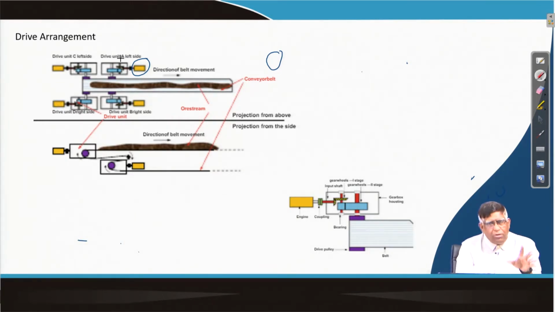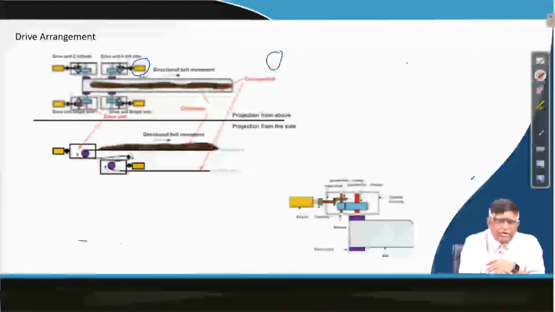Normally the best location is wherever the difference between T1 and T2 is more, but that depends on your site conditions. We can have a single drive or dual drive, that is, at one end or at both ends, or an intermediate drive can be given. Now, if you see a top view of a conveyor belt, you can see this is the conveyor belt.